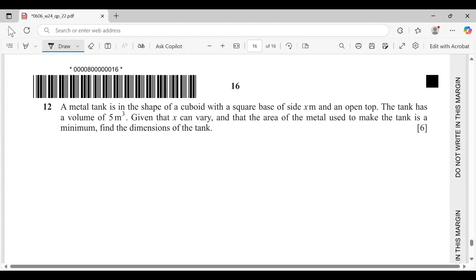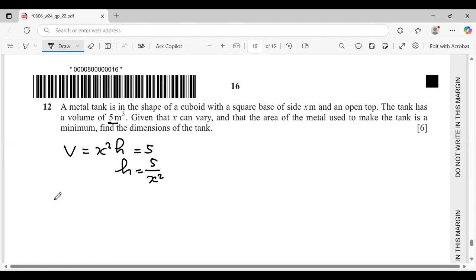The tank has a square base of side x and height h. So the tank volume is x squared times h equals 5, based on this statement. So h equals 5 over x squared. We are going to use this information to find the surface area.